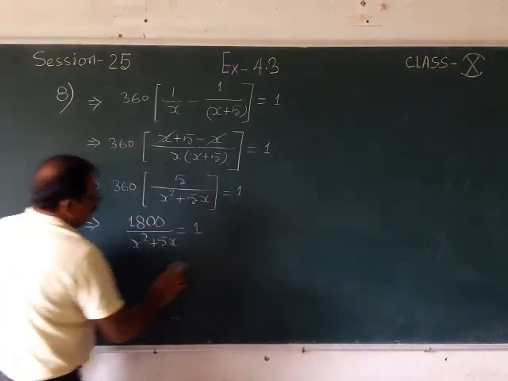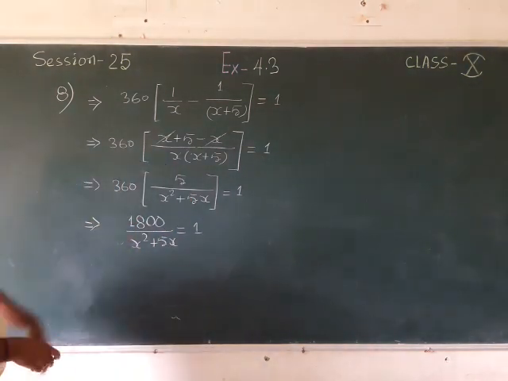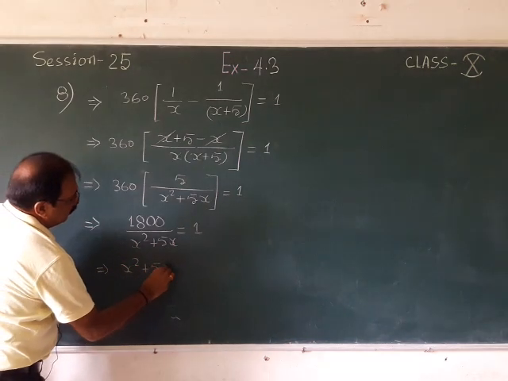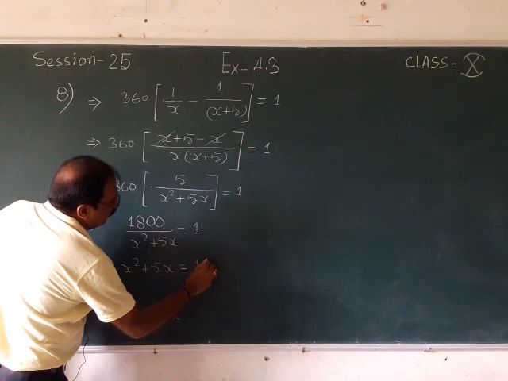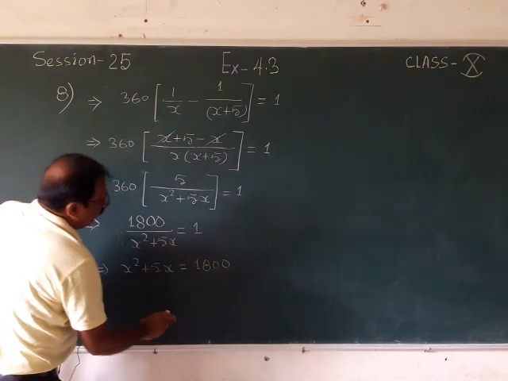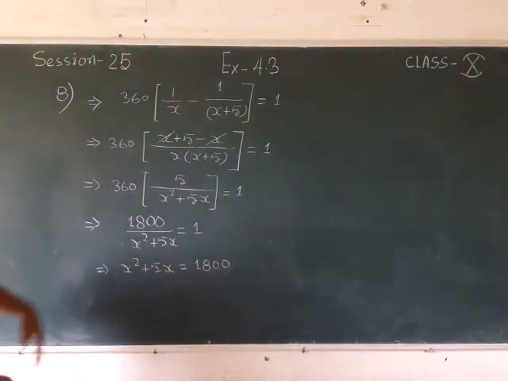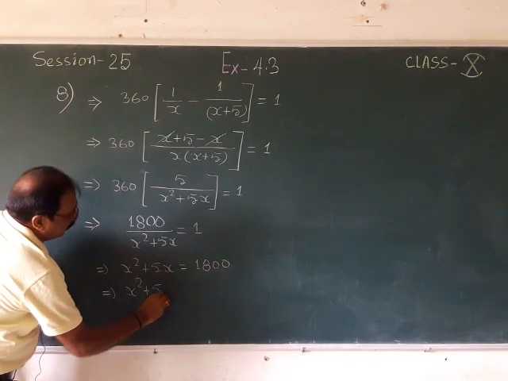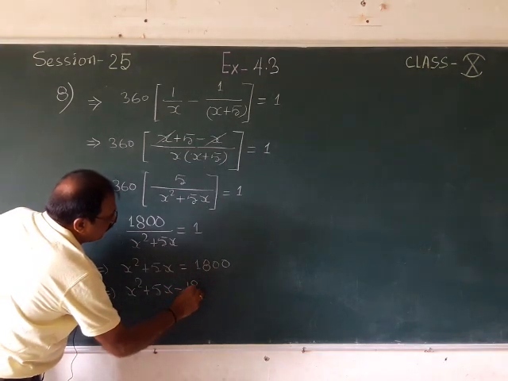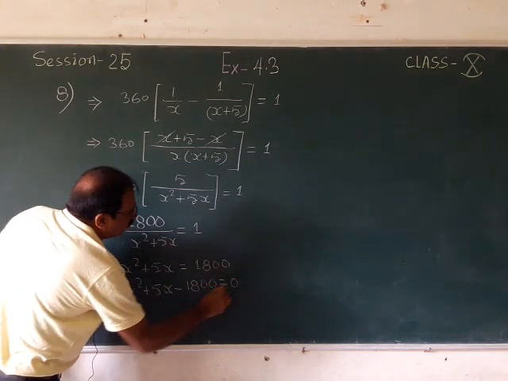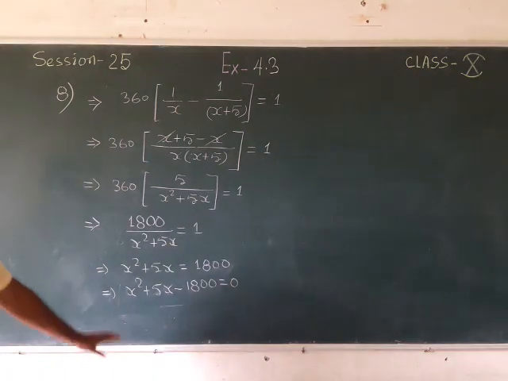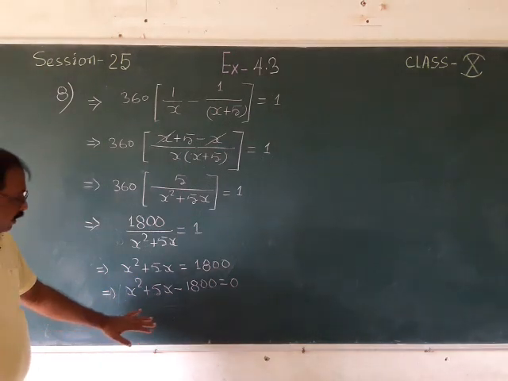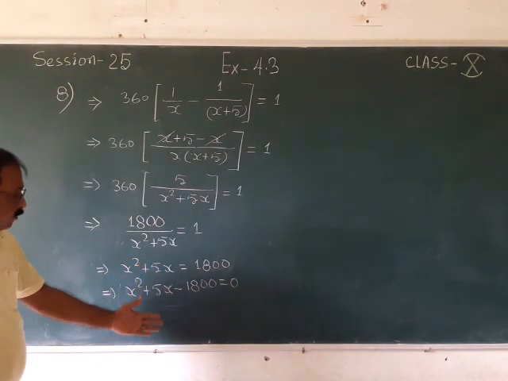Now when you cross multiply this equation, it will be x square plus 5x equal to 1800. Now further it can be written as x square plus 5x minus 1800 equal to 0. So now you have the equation which you can factorize by any method to get the value of x.